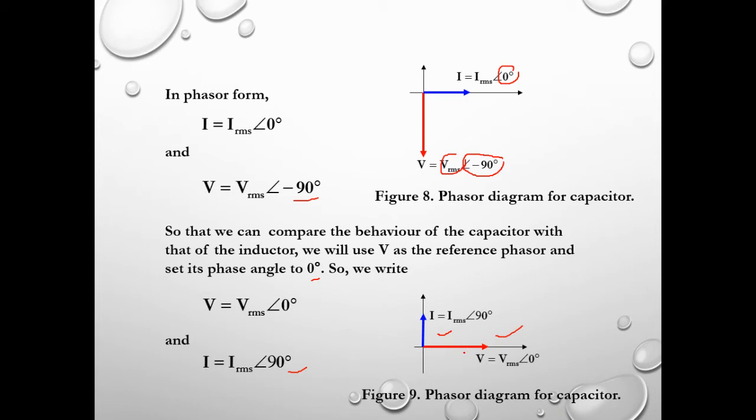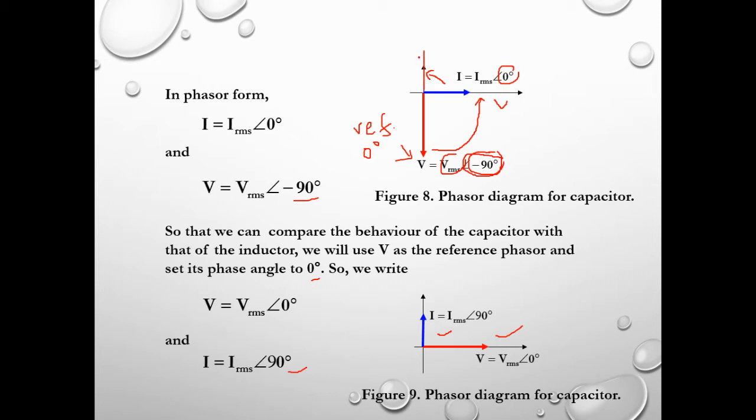So how did we get this one? You shift this V to make it the reference. A reference means 0 degrees. So now you make this negative 90 degrees become 0. What you do is shift V to here, so now it becomes V over here, and automatically I will also be shifted by 90 degrees.